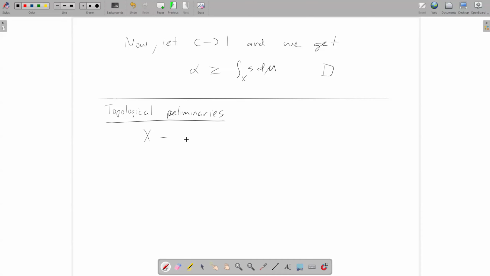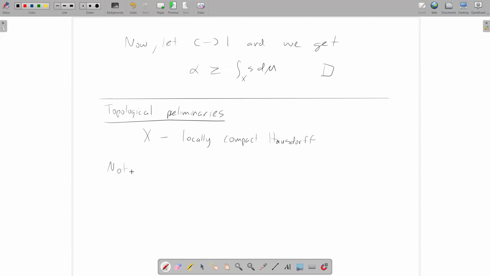Okay, so X is going to be locally compact Hausdorff. I don't want to tell you what that means, but I invite you to go check Rudin for the definition of that. Every point of X has a neighborhood whose closure is compact. So you can see this in Rudin, or you can just Google locally compact Hausdorff, and you can get a good sense of that.